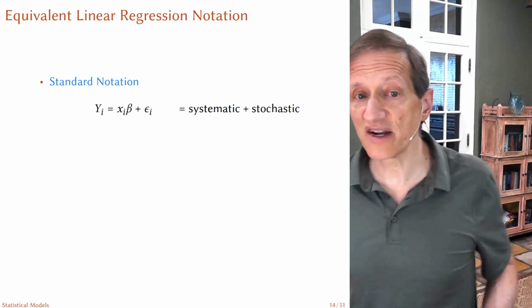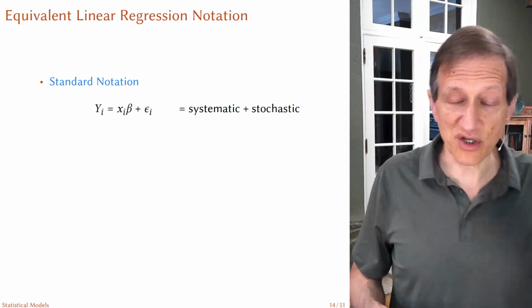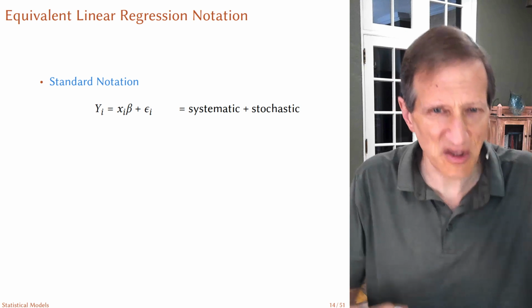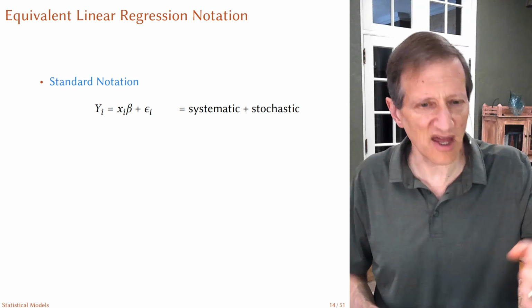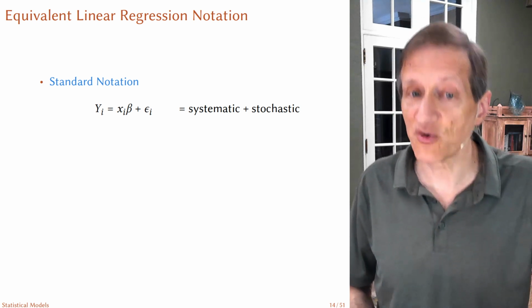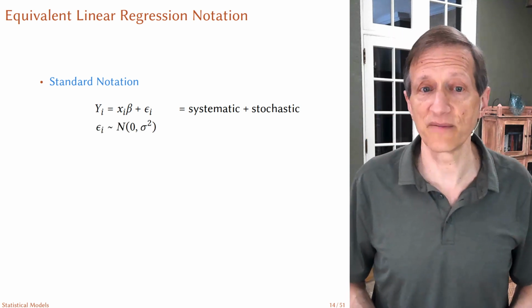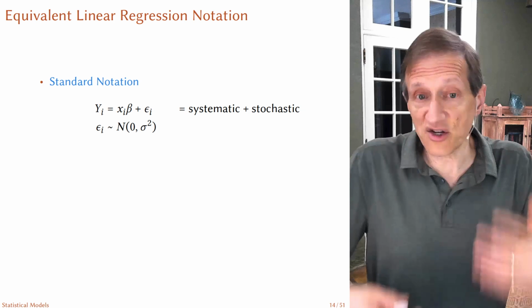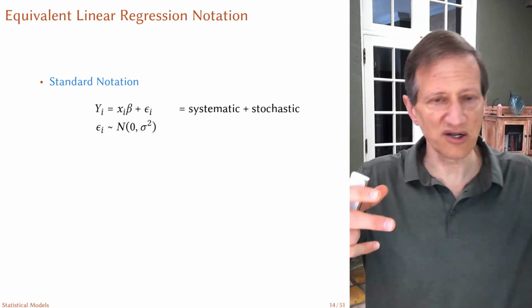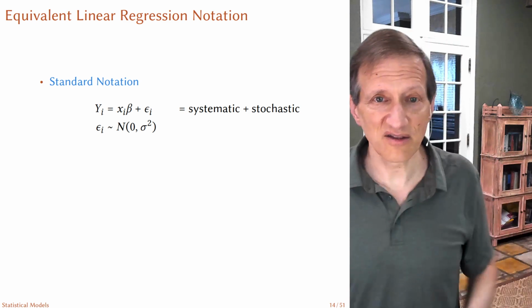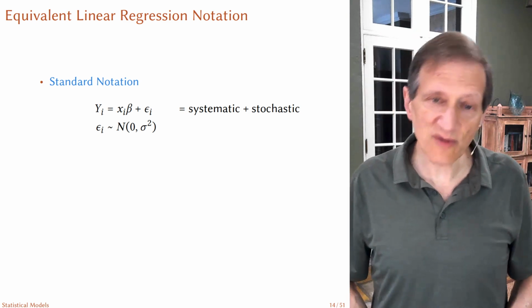On the right-hand side here, we have X beta, which we think of as the systematic component, the part that we're sort of seeking. It's the pattern. It's the thing that persists despite the randomness. And epsilon is the randomness. It's the stochastic component. Epsilon may actually be, in regression notation, normal.